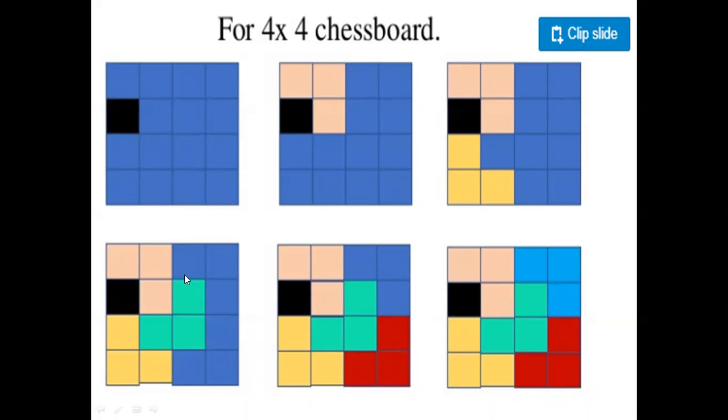The 3 non-defective squares are covered with one triomino. In the defective chessboard, the chessboard is divided into four 2 power k minus 1 chessboards. Every chessboard has one non-defective square, in green color, and the three non-defective squares are covered with another triomino. So all the squares are covered with triominoes except the defective square.